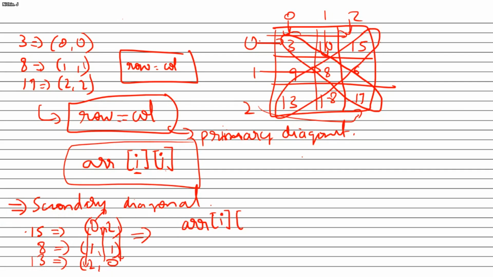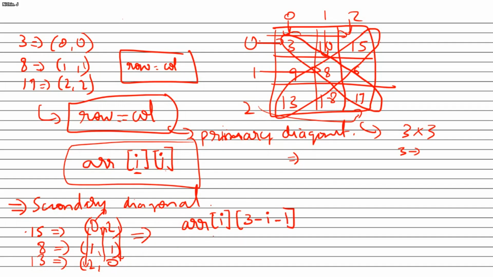I can take the number of columns initially present. Since this is a 3 cross 3 matrix, we have 3 columns and 3 rows. So I can write 3 minus I minus 1.